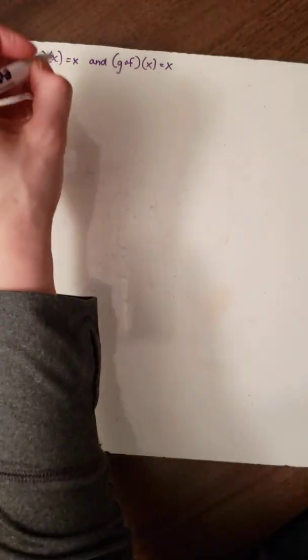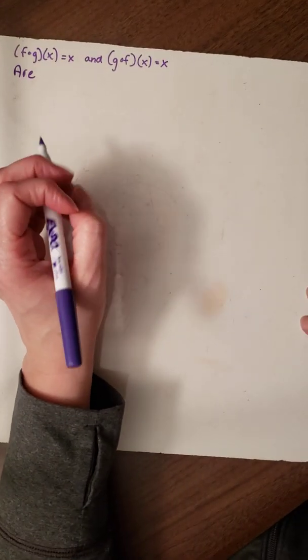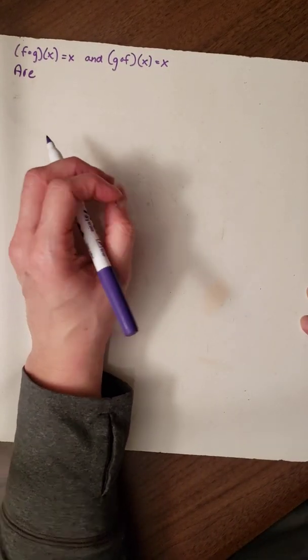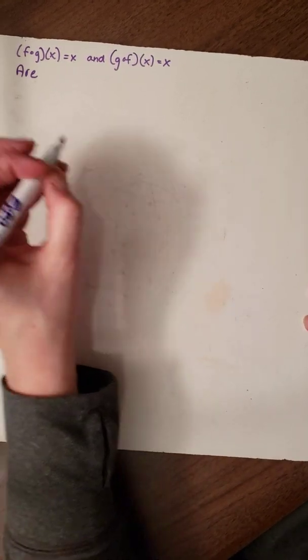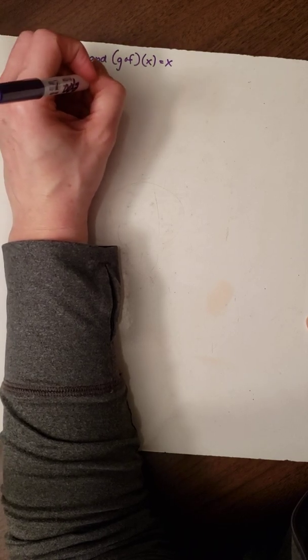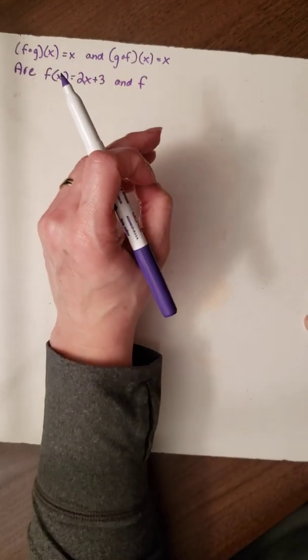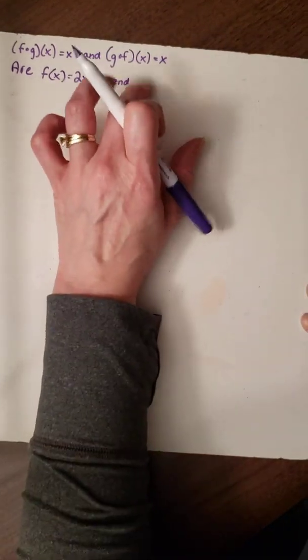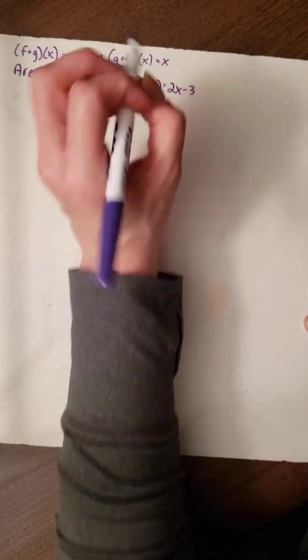So, let's grab 2 functions. f of x equals 2x plus 3, and call it g of x, sorry. g of x equals 2x minus 3.